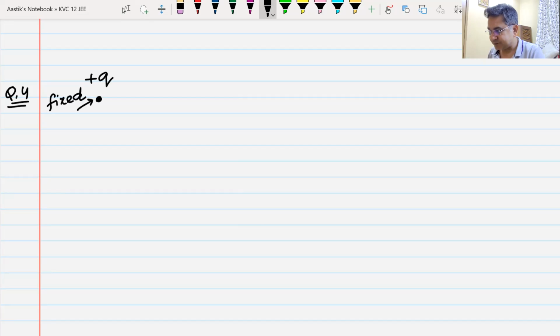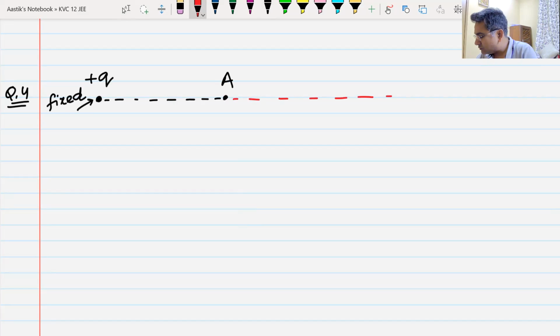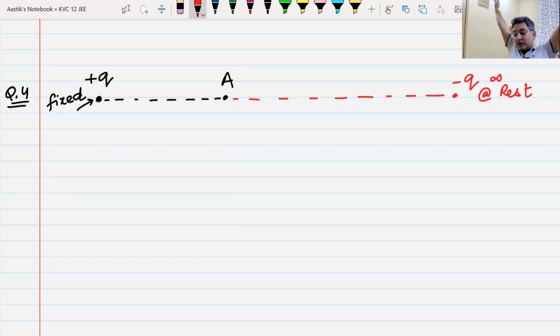Then there is this point A. Then there is a small charge minus Q placed here at infinity, at rest, chilling out at infinity.